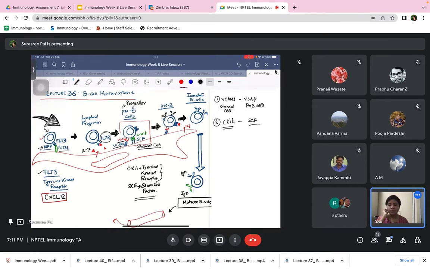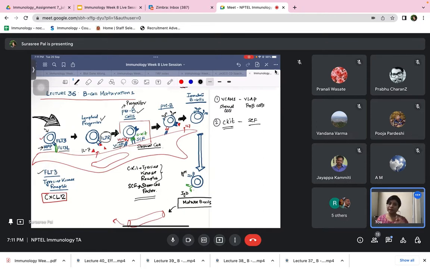Now in this particular phase, one important event takes place, that is the binding of IL-7 to IL-7 receptor on the pre-B cells. Right. So you can see here, first of all, these pro-B cells, the lymphoid progenitor cells, they were bound to the stromal cell surface by the interaction of several cell adhesion molecules and several receptor molecules, right?